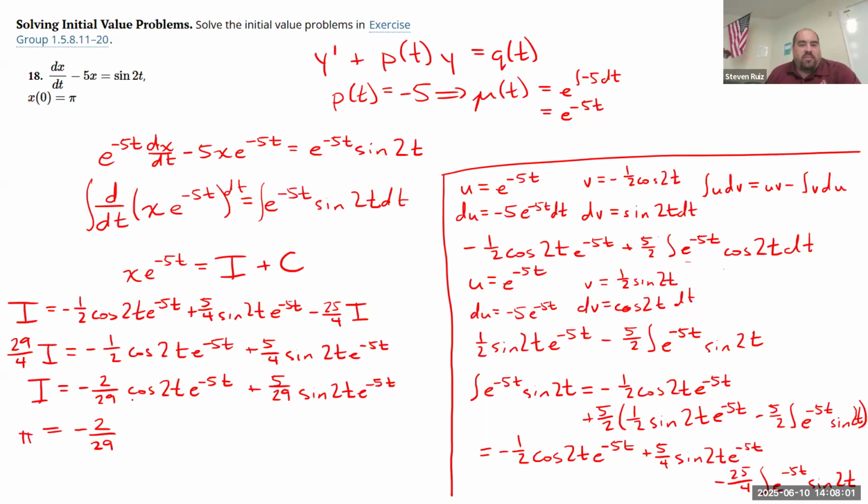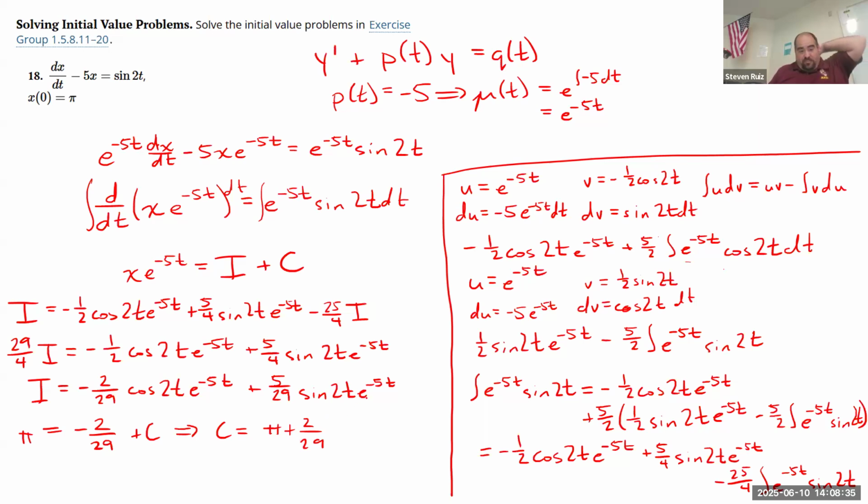Let me just double check that that's really all that comes out of I. When I plug in 0 for t, cosine of 2 times 0 is 1. E to the 0 is 1. Sine of 0 is 0, so that whole thing goes away. Plus c, which means I get this. c is equal to pi plus 2/29.